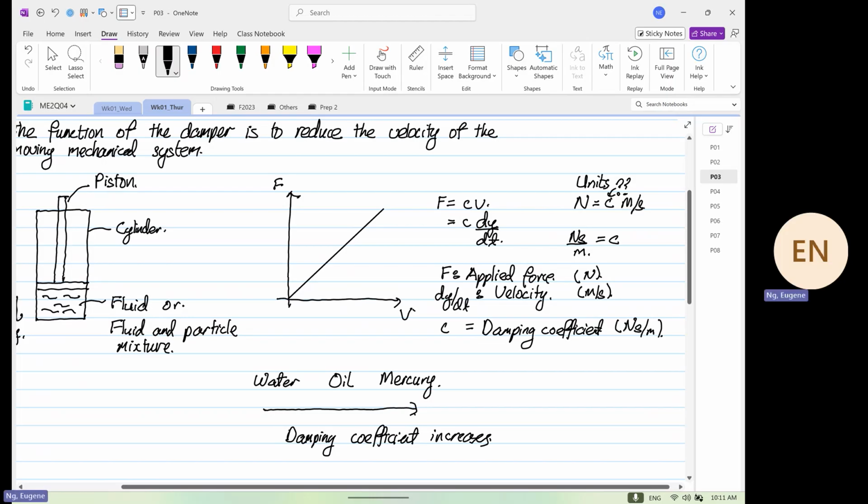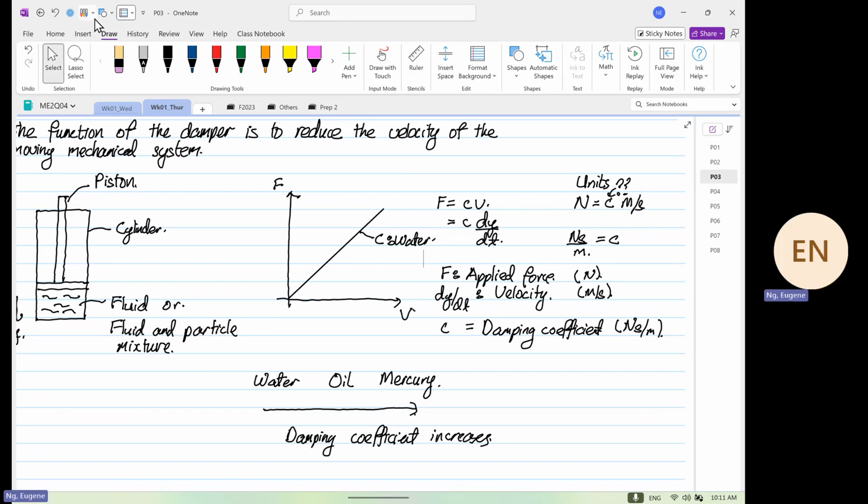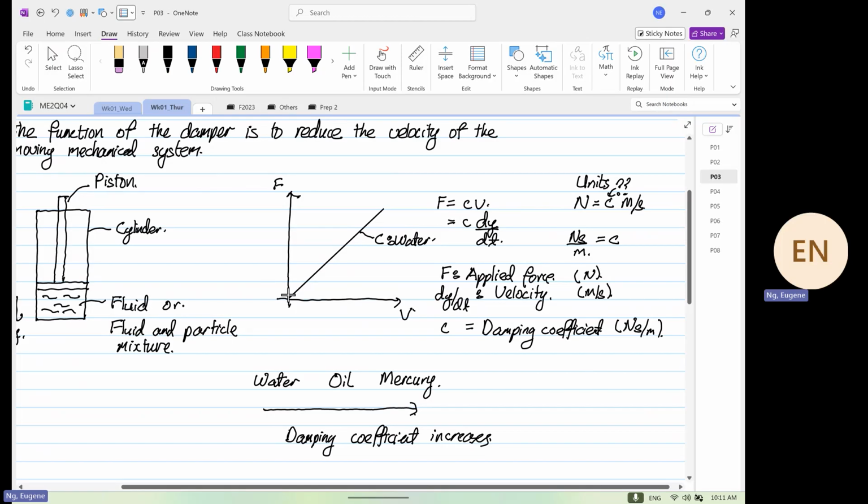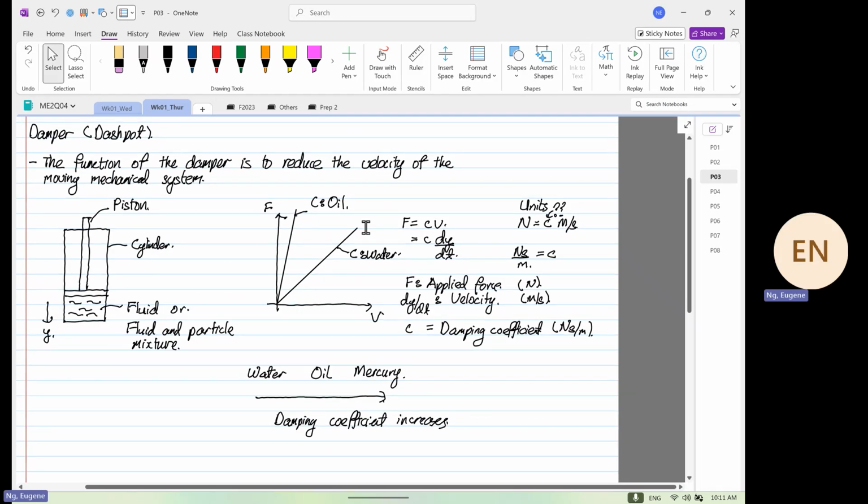Okay. So for example, this is C for water. And then if it gets steeper, okay, this is C for oil.